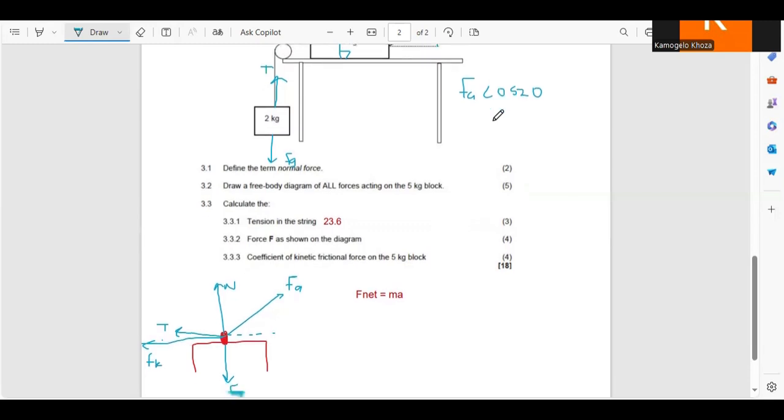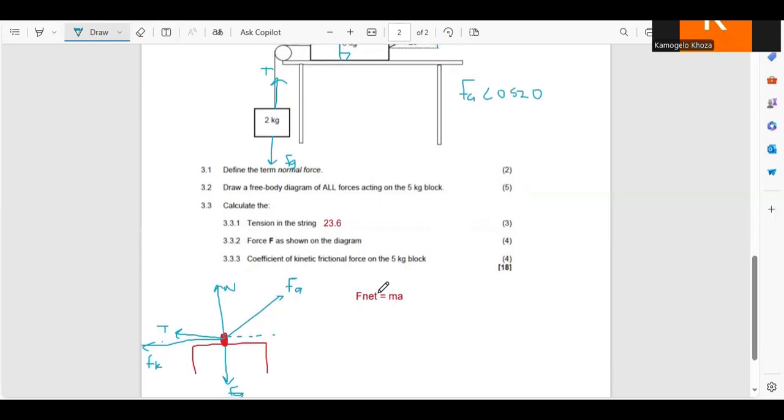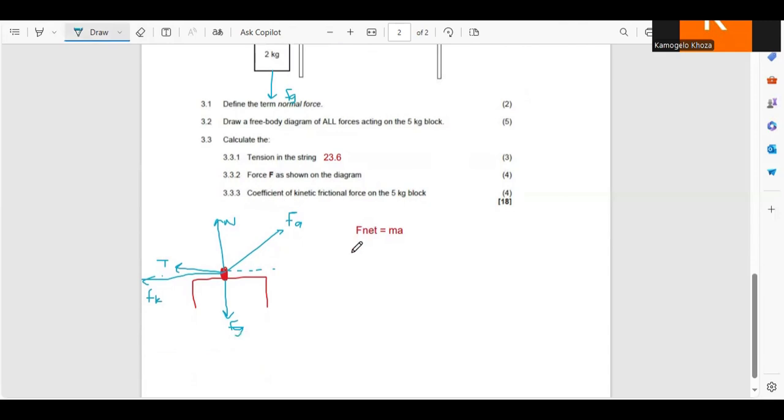Now, let us make use of this formula to calculate the F. In this case, this FA, or let me just write it as F cos 20, our force applied. Now I said F net is the sum of all the horizontal forces, right? Now I have F cos 20. I also have tension, which is going to the left, so I'm going to say minus T because I choose left as negative. I also have frictional force, and all this equals mass times acceleration.